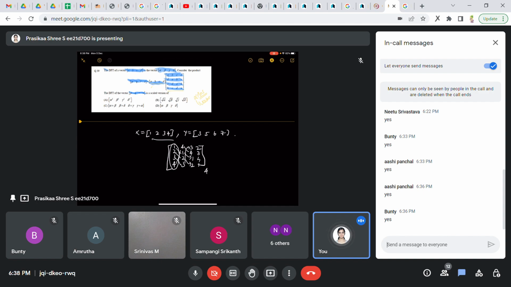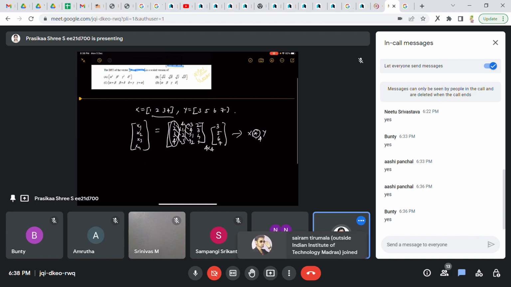So this is a 4 cross 4 and you need to multiply it with 3, 5, 6, 7. The resulting vector x1, x2, x3, x4 is the circular convolution between x and y vectors. Right, this is the matrix method. I hope you know about this method of computing the circular convolution between two vectors.